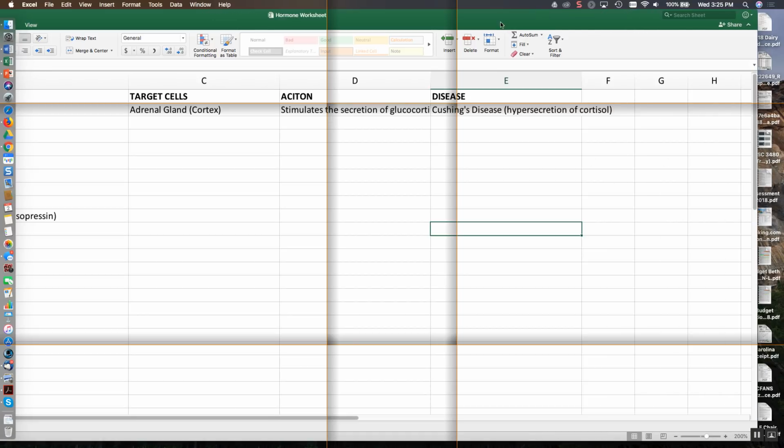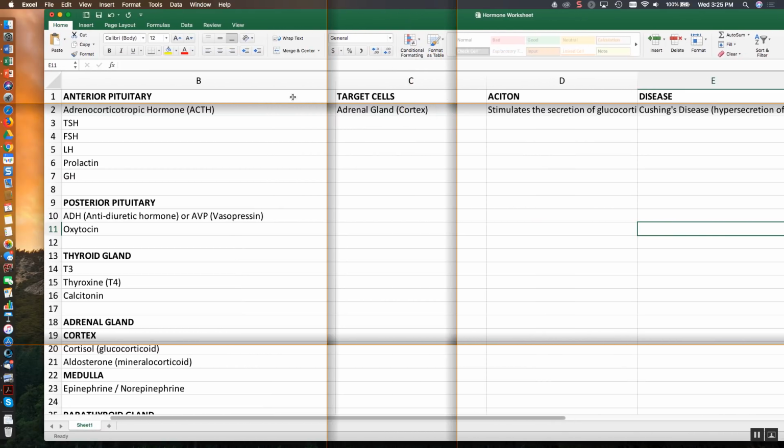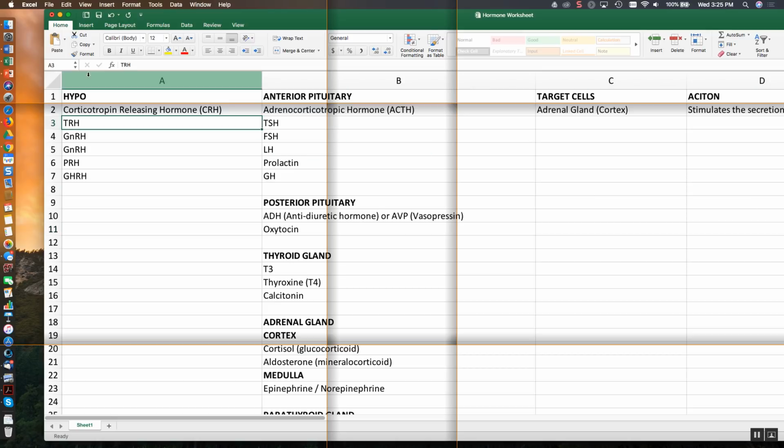Okay, so TSH. No, we're going to go TRH. Okay, so this is thyrotropin releasing hormone. What triggers thyrotropin releasing hormone?